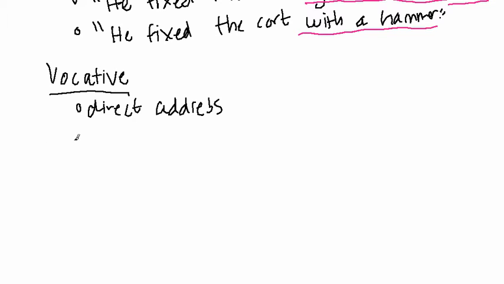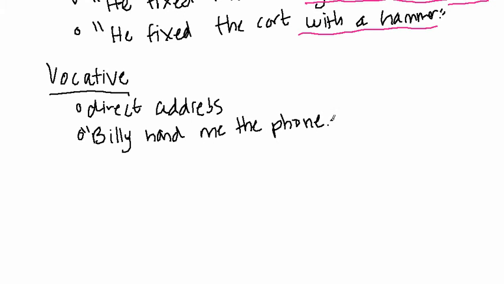And I will give you an example of that. Billy, hand me the phone. So in this case, Billy would be in the vocative case because you're directly addressing him. You're telling him to hand you the phone.